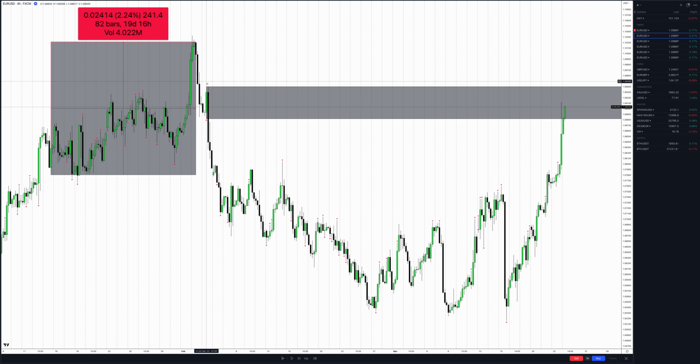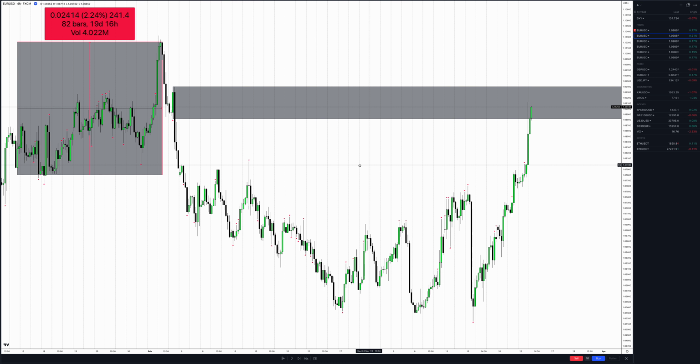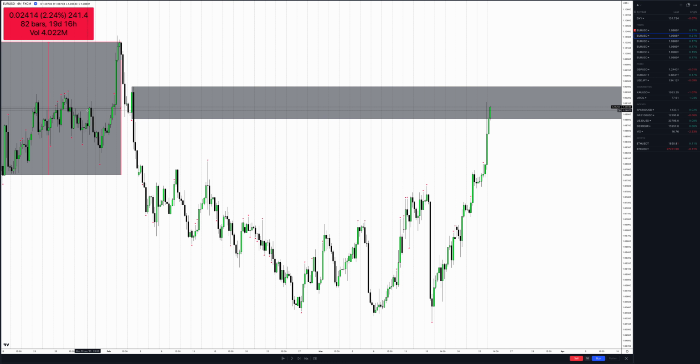This move, okay? If you look at H4, this is like a 250 pips move. So it's significant to me. I know that when we get here, somebody that sold the price here is gonna defend their level, okay?